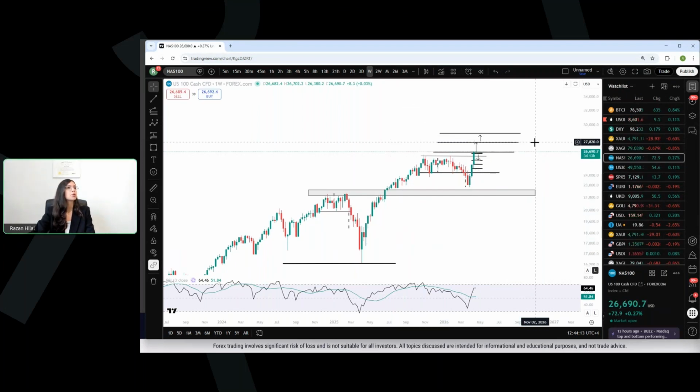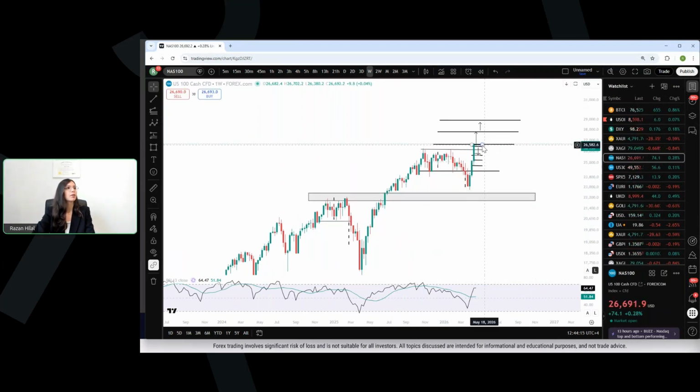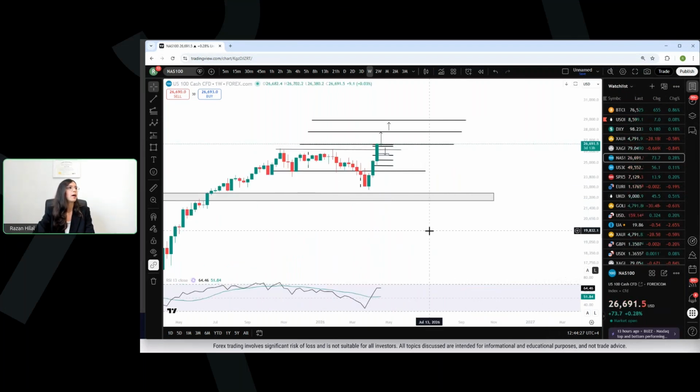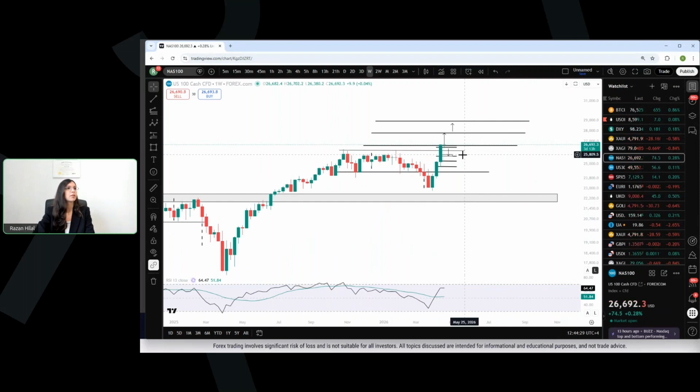From the downside, the short-term support, should we have a correction from these steep levels, would definitely be the previous highs near the 26,300 to the 26,100 zone first, followed by the previously respected levels on the Nasdaq chart between 25,800, 25,600, and 25,200 respectively as short-term supports.